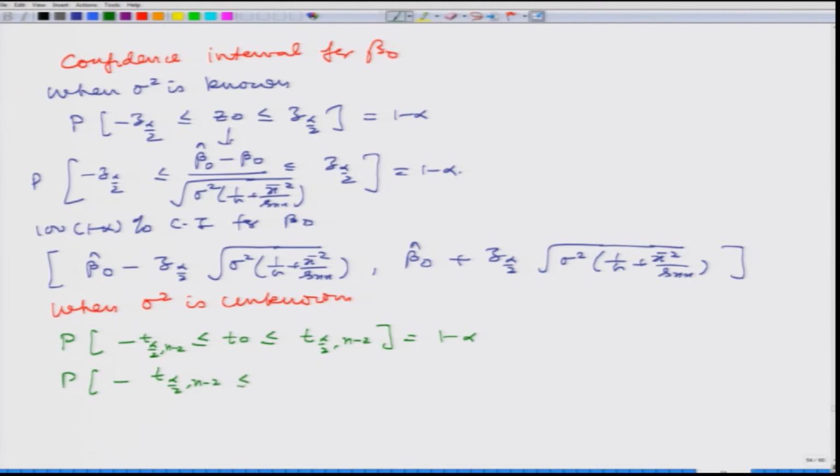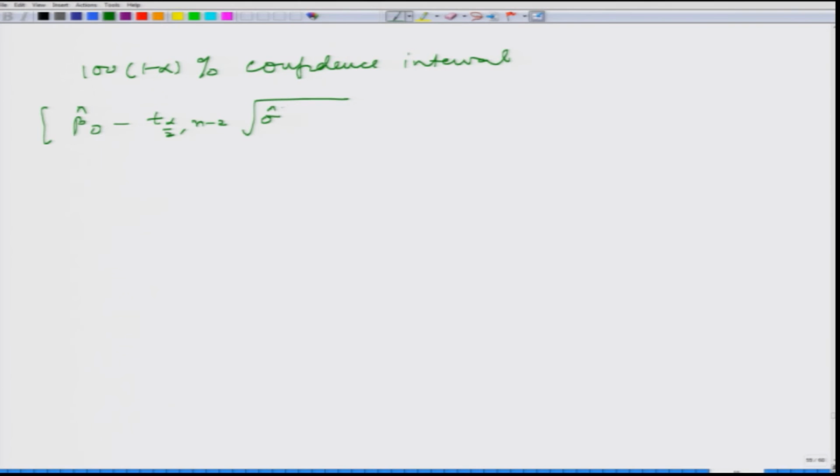After substituting the value of T naught, which is beta hat naught minus beta naught over the square root of sigma square hat times 1 over n plus x bar square over Sxx, we can obtain the 100(1 minus alpha) percent confidence interval for beta naught as beta hat naught minus T alpha by 2, n minus 2 times the square root of sigma square hat times 1 over n plus x bar square over Sxx, to beta 0 hat plus T alpha by 2, n minus 2 times the square root of sigma square hat times 1 over n plus x bar square over Sxx.